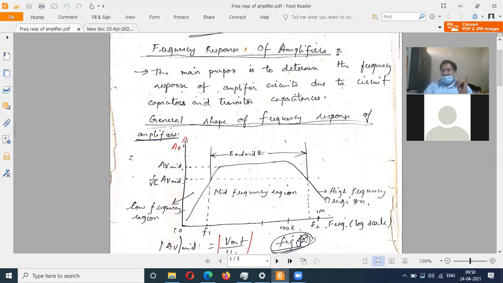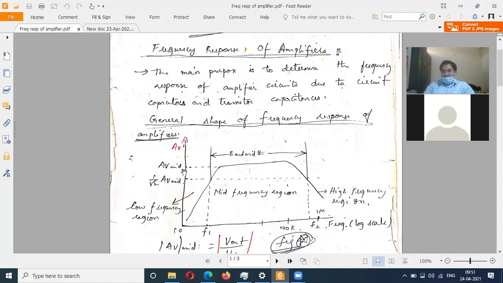It could be single stage, multi-stage, cascade, feedback. For any amplifier, this is the general shape of the frequency response: if we gradually change frequency on a logarithmic scale, the gain first increases, then remains constant, and then decreases.